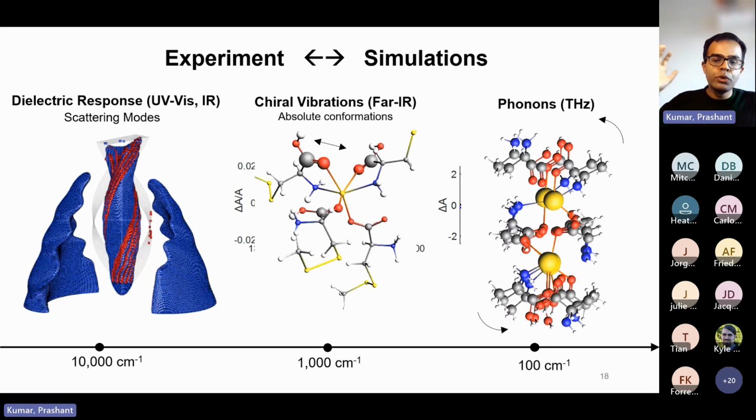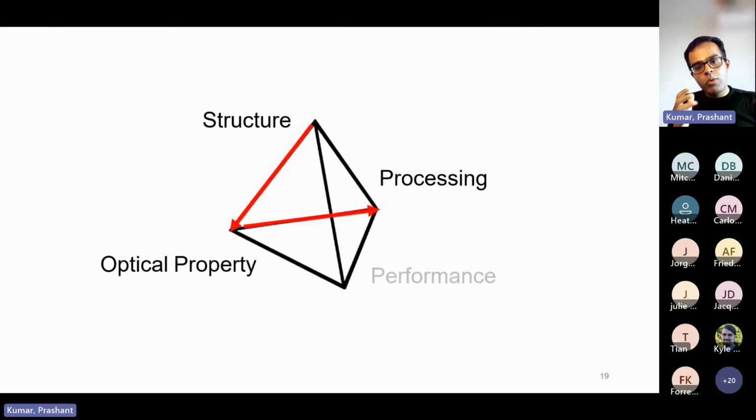So we have mapped a very huge range of wave numbers, all the way from 10,000 cm⁻¹ to 100 cm⁻¹, using different instruments, and having a very clear understanding of what the structure is like, what the experiments show us, and what we can do with simulations. So now we have at least a good understanding of what the structure is, what the optical property of this material is, and how they are correlated.